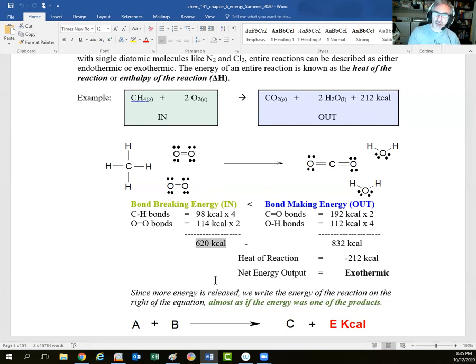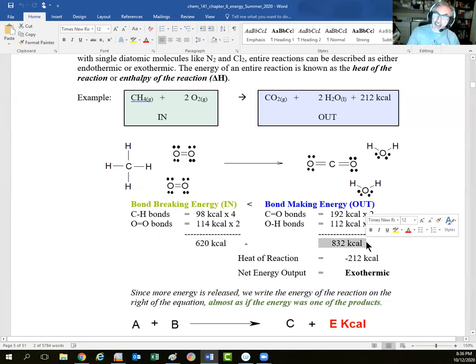Compare that to the energy being released as new bonds form. We've got new carbon to oxygen bonds twice over at 192,000 calories per mole at a time. And 1, 2, 3, 4 examples of oxygen to hydrogen bonds forming. So 112,000 calories per mole, 4 times over.